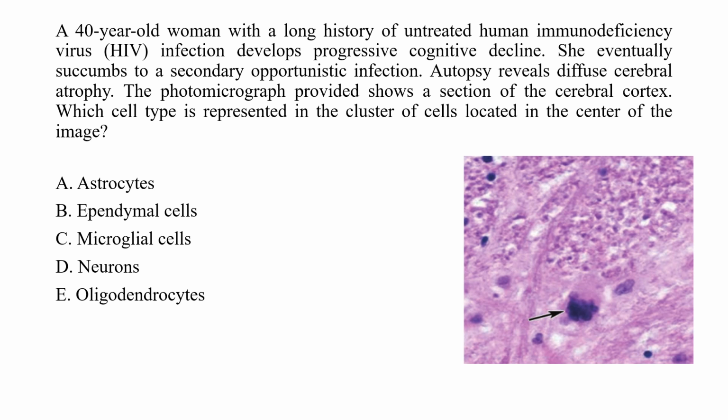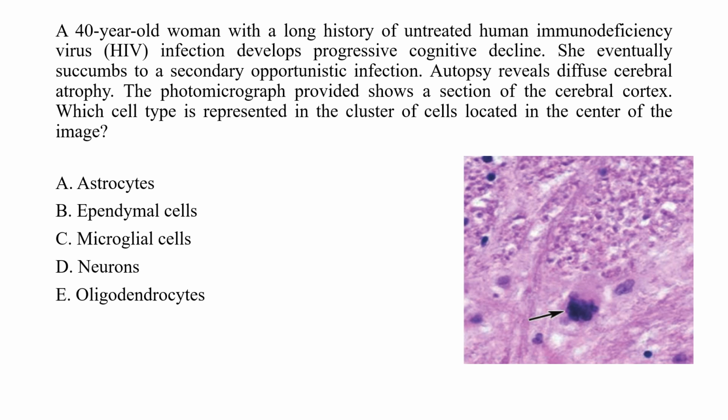Now, when approaching this question, focus on a few key concepts. First, consider the patient's history. She has AIDS and develops cognitive decline, which is dementia, and it's a common complication of HIV affecting the brain. The autopsy which they have done reveals cerebral atrophy, indicating a neurodegenerative condition like AIDS dementia.